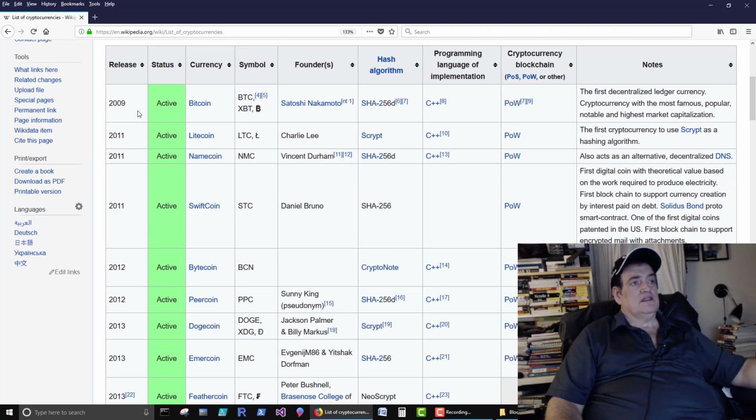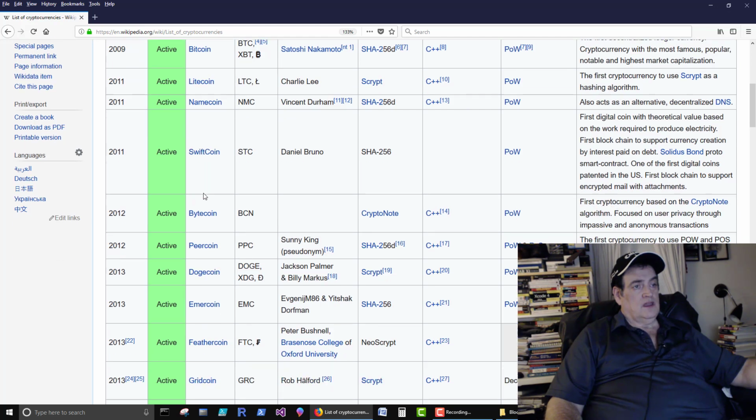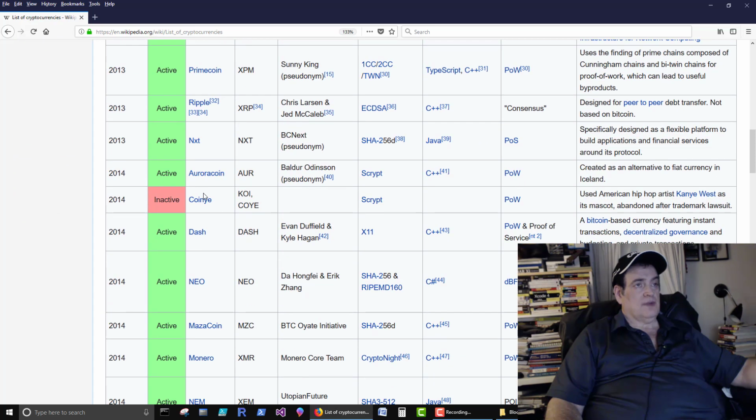So you can see 2009, Bitcoin started by Satoshi, written in C++. And here's a few of the other popular ones.